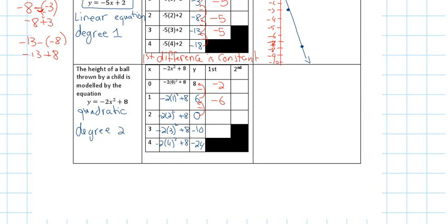Then negative 10 take away 0. And then I have negative 24 take away negative 10. Negative 14, yeah? Because I have negative 24 plus 10. So that's negative 14.